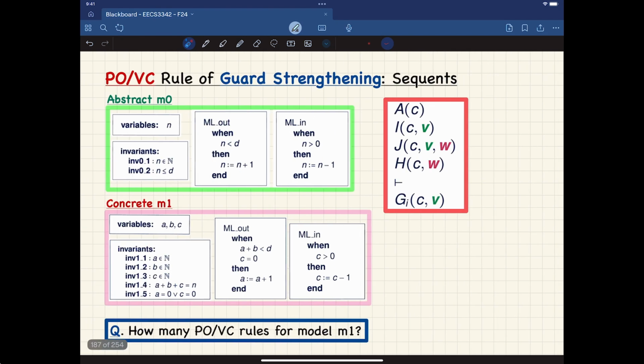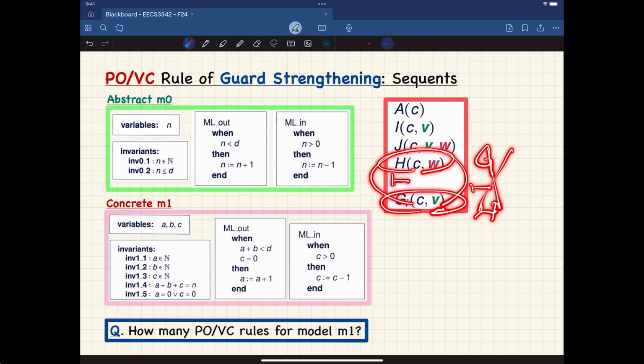The proof obligation tells you that in order to discharge this particular guard strengthening proof obligation, we need to make sure that the concrete guard somehow entails the abstract guard. You can easily forget, maybe it should be the abstract guard that entails the concrete guard, right? But this one is wrong, and this one is correct. That's a common confusion, so I also need to explain that.